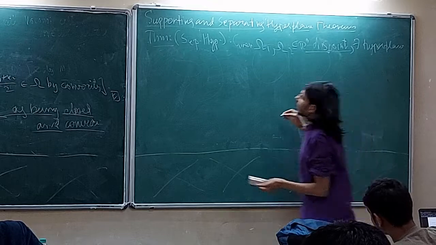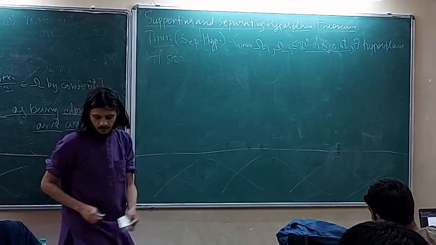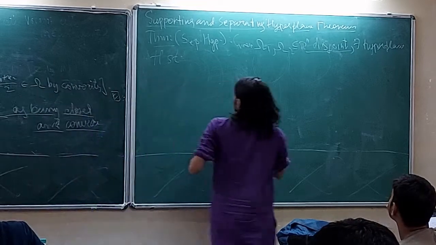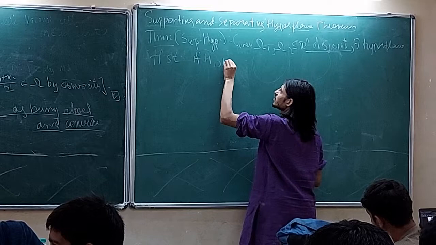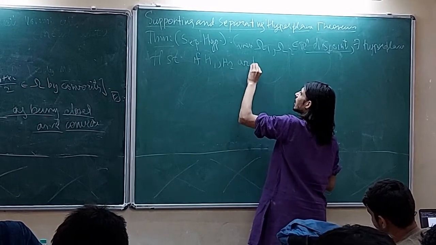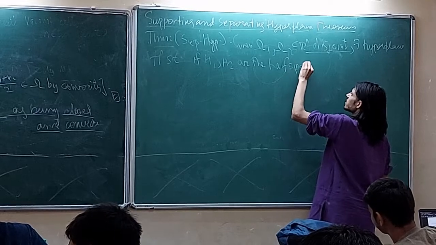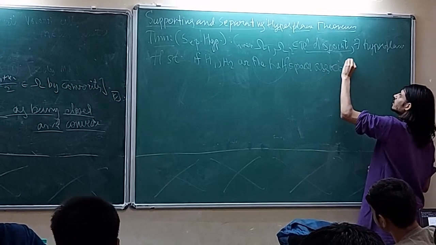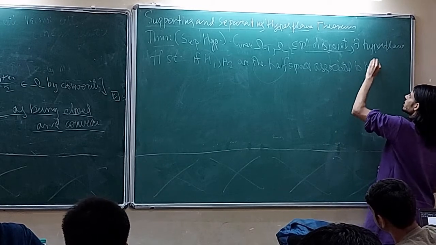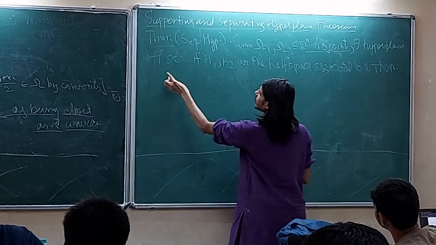There exists a hyperplane H such that if H1 and H2 are the half spaces associated to H, then one of them will contain omega 1.